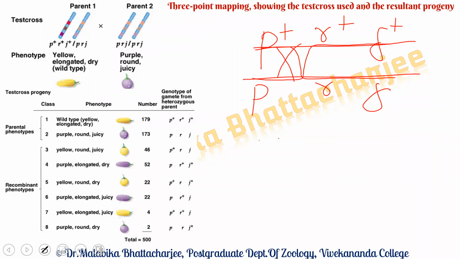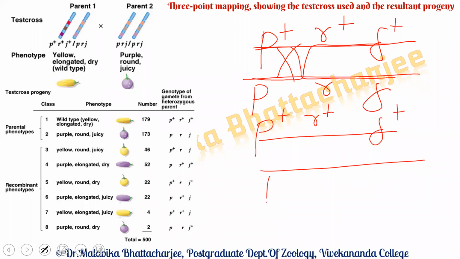That was case one. Case two might be that a second event of crossing over, independent of the first, is not occurring simultaneously. The exclusive event is occurring here. So the gametes should have been P R plus J and P R J plus. Our gamete is not matching.